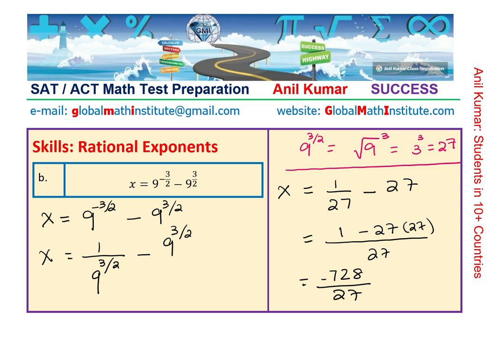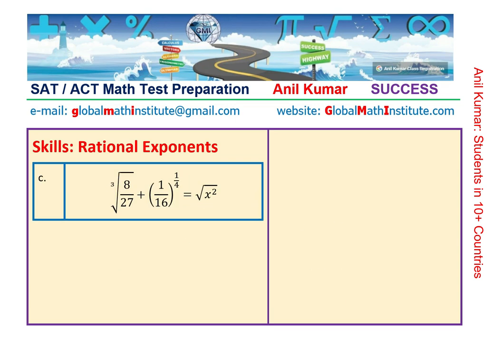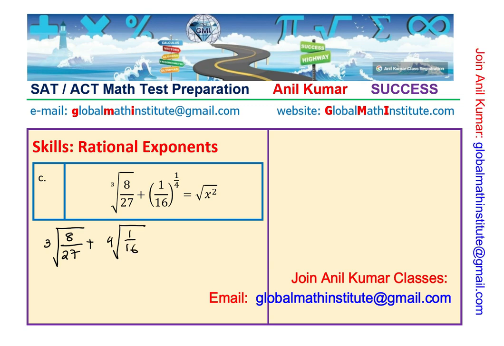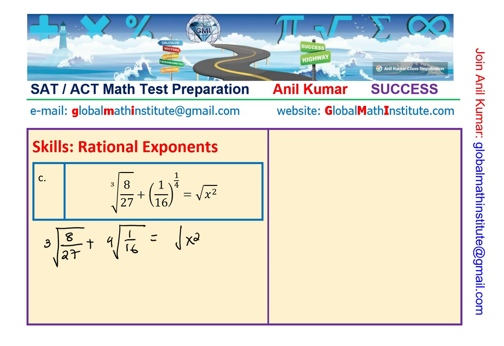Perfect. Now here is a challenge question for you. Now we know all these rational exponents, how do we work with them? And here we have an equation where we're going to add two of these rational exponent terms and get it equal to square root of x square. So let's rewrite the equation, which is cube root of 8 over 27 plus fourth root of 1 over 16 is equal to square root of x square.